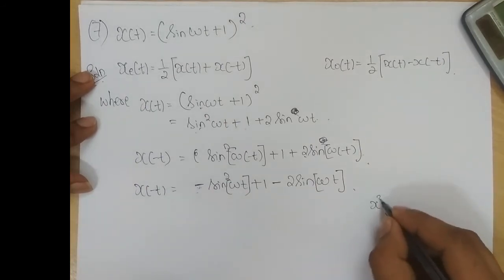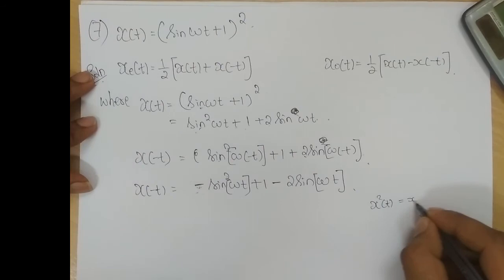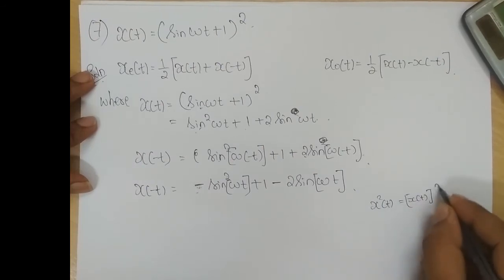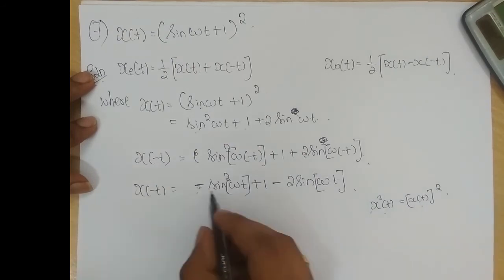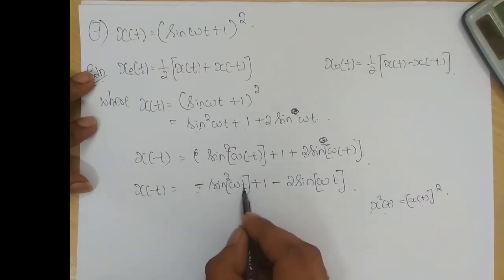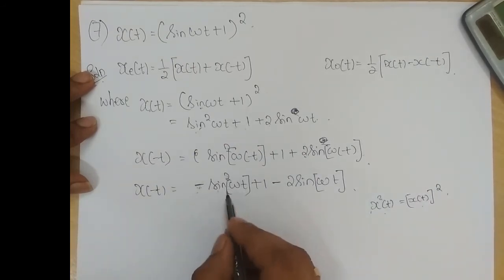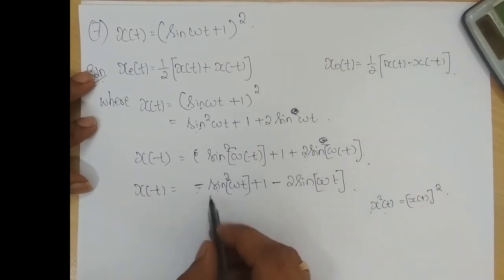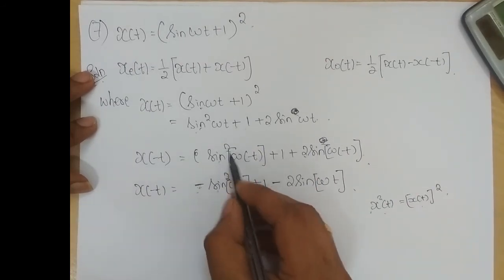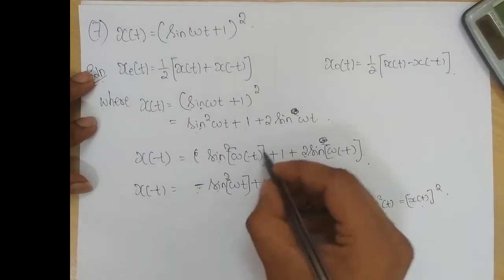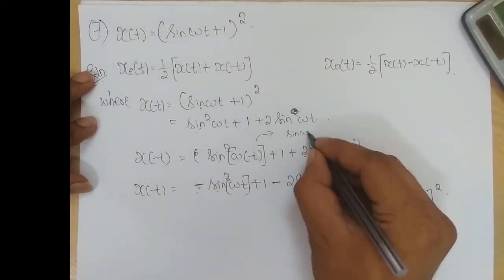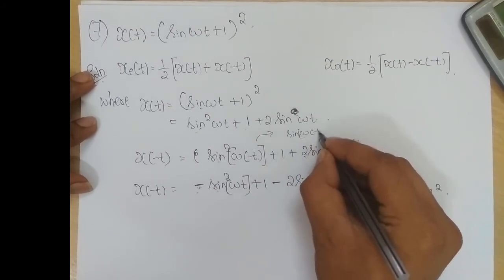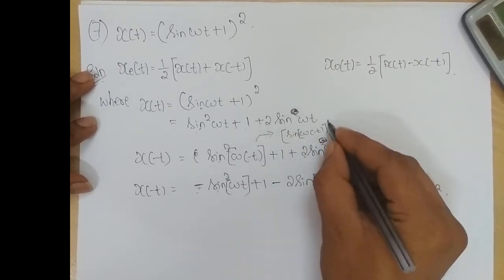Because x square of t is same as x of t whole square, right? So x square of t and x of t whole square both are same. So sine square of omega t can be written as sine of omega t whole square, right? In this equation, sine square of omega of minus t can be written as sine of omega in the angle minus t whole square, right?